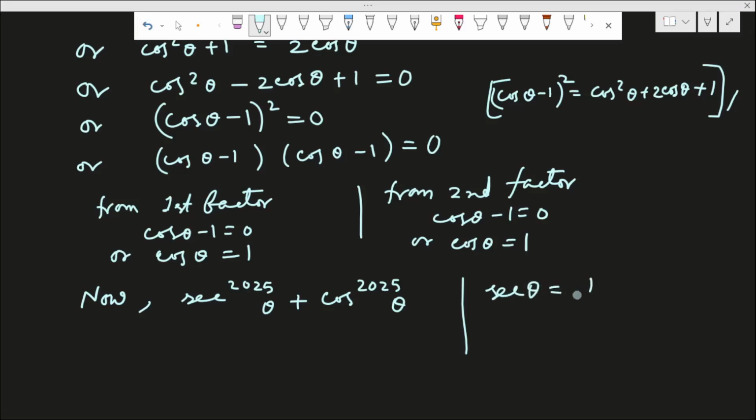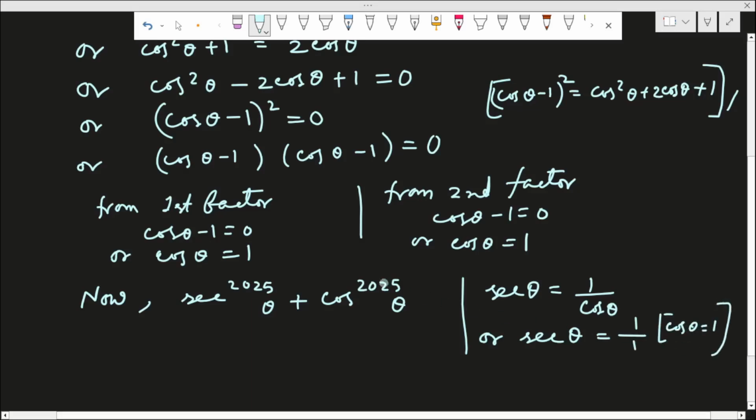Finding here, sec theta is equal to 1 by cos theta, or sec theta is equal to 1 by 1, as cos theta is equal to 1 as we have found before, or sec theta is equal to 1.